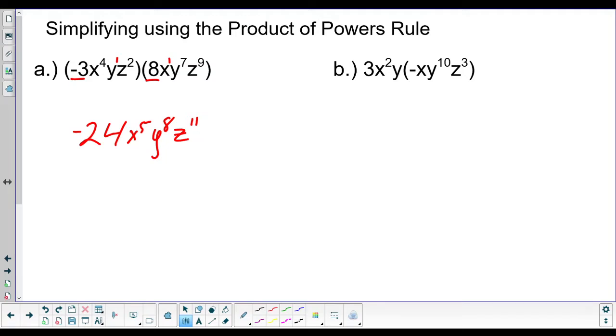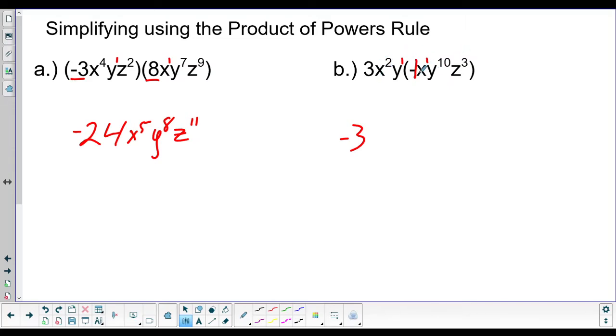If we look at this next example, we don't have a coefficient in front of these terms inside, but we do have a negative. This is like a -1. So we're going to do -1 times 3 is -3 for our coefficient. Then we just look at the exponents on the variables and add them together if the variables match. So put our 1s where they're invisible.